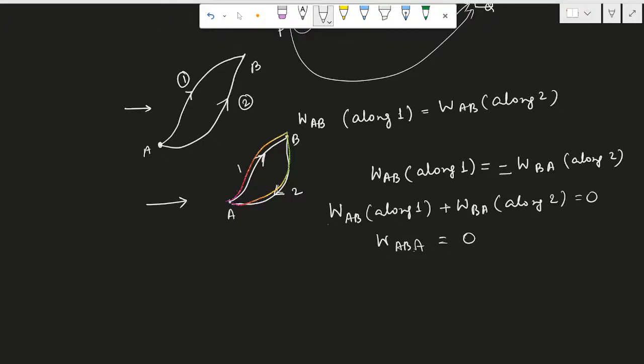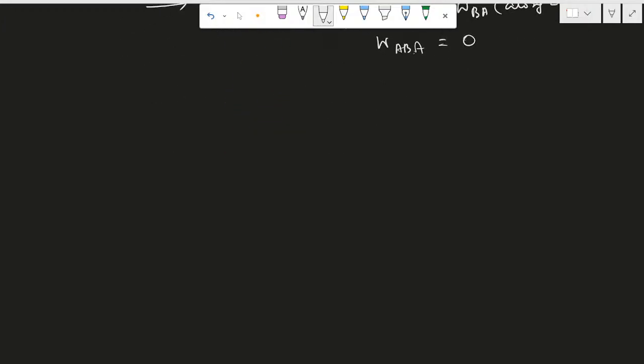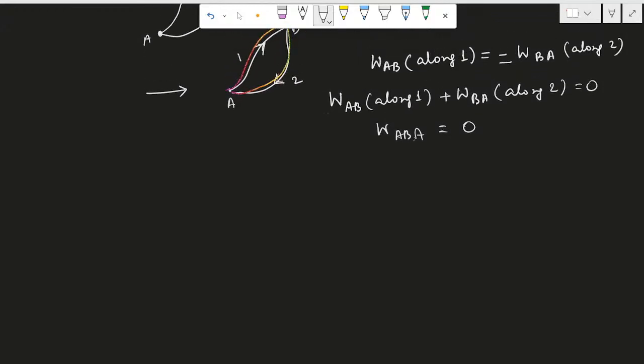So give the heading as potential energy in relation to conservative force.